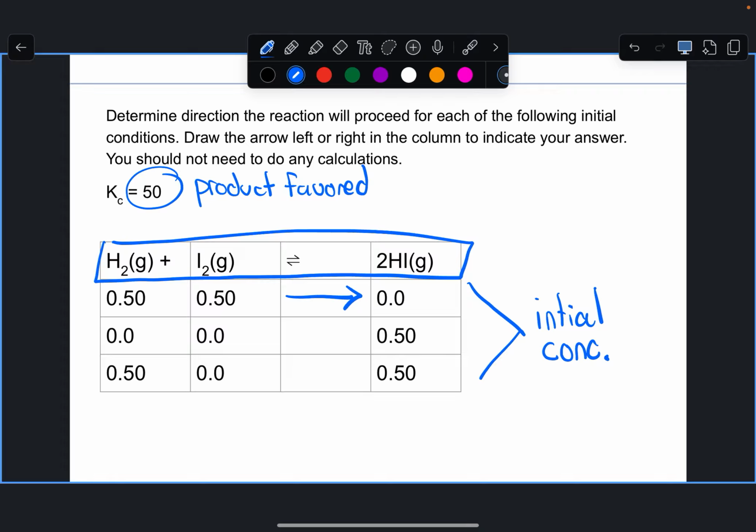So it's very much product, but not zero reactant, okay? So if I actually stick HI in a container, it's not going to just sit there. It's going to react backwards and revert to some of the reactants to achieve that balance point. So the reaction will actually proceed in the opposite direction, from products to reactants, and make some of those reactants.